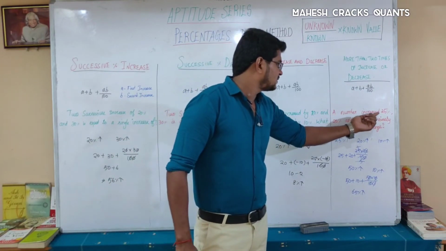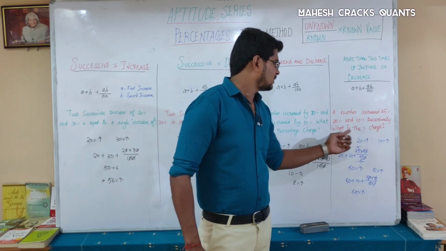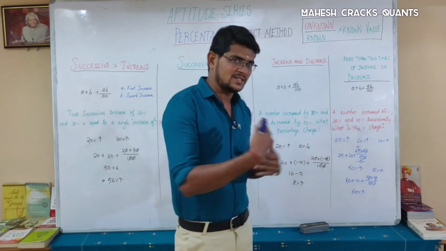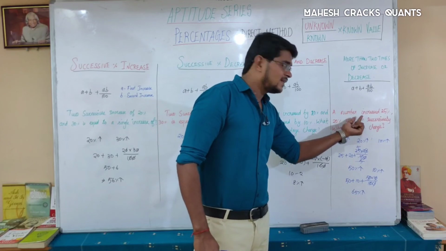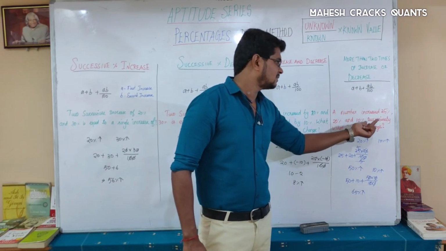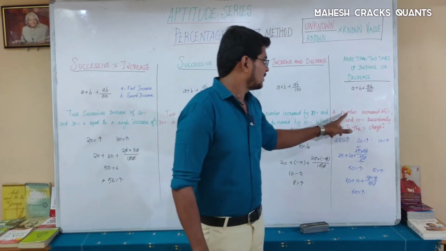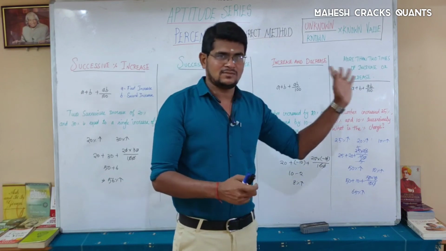A number increased 25%, 20% and 10% successively. What is the percentage change is the question. I am changing that: a number 500 is increased 25%, 20% and 10% successively. Find the new number. That will be the question. So number 500, what is its percentage?